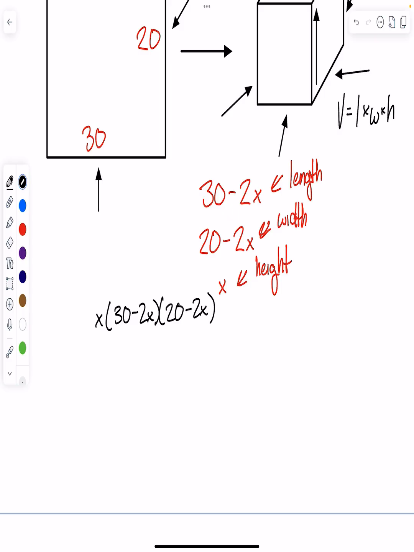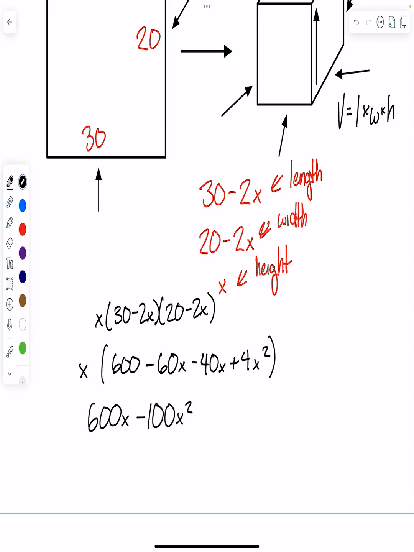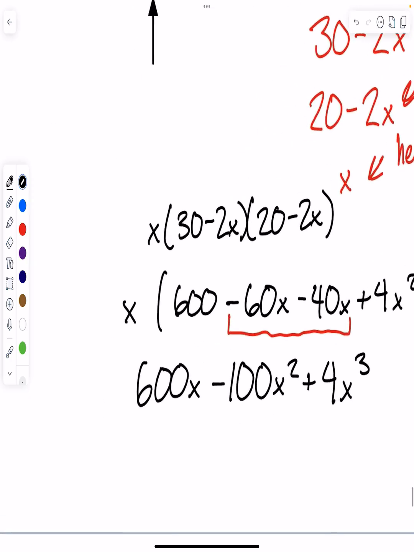This will come out to 600 minus 60x minus 40x plus 4x squared, all multiplied by x. And so that would be 600x minus 100x squared plus 4x cubed. I just combined my like terms inside this parentheses and did that process a little more efficiently. So now this is my volume function.